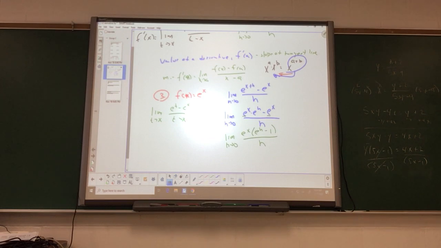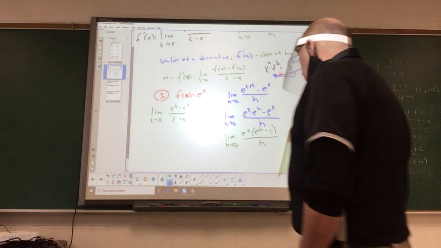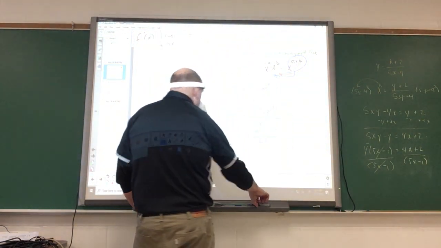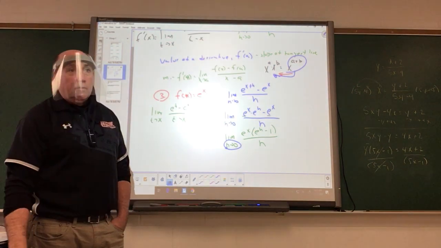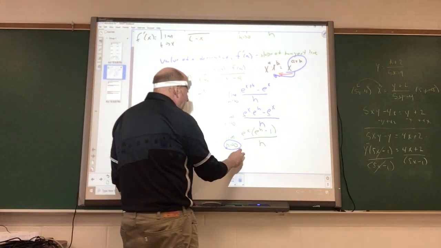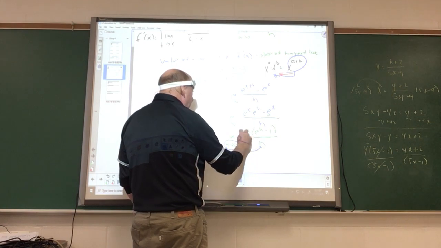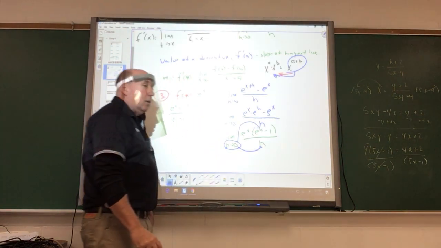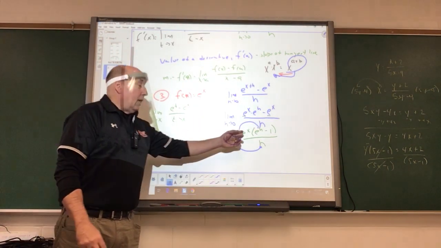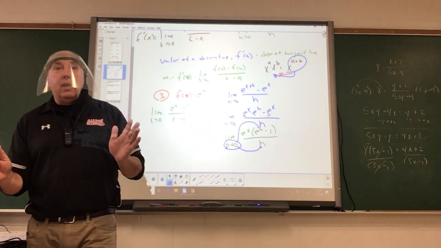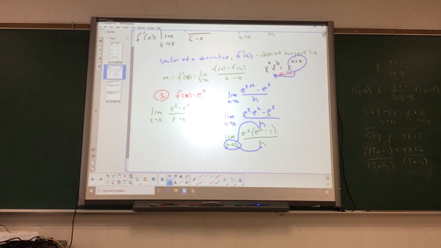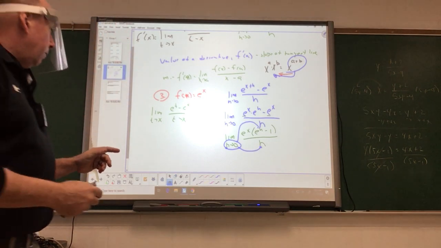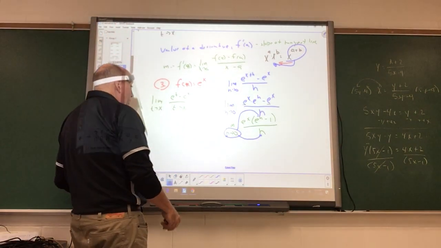So how does this help us? Well, all we're worried about here is h approaching 0. This e to the x has nothing to do with h. So you can think of that as like a constant, and we can pull it out front. Why do I want to pull it out front?